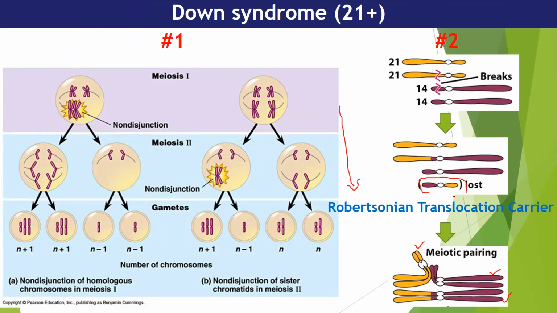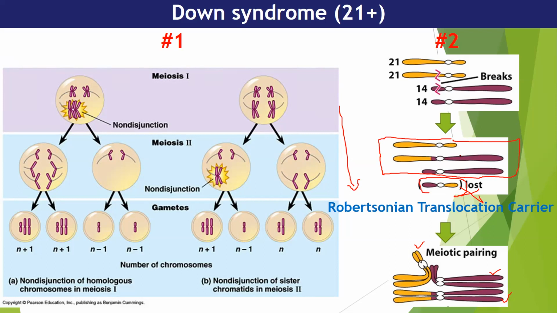So this little thing has been lost. Even though this individual only has 3 chromosomes, if you look at the DNA content of these 3 chromosomes, they almost have everything like the normal standard individual. That means it will produce the same amount of gene product as a normal human.